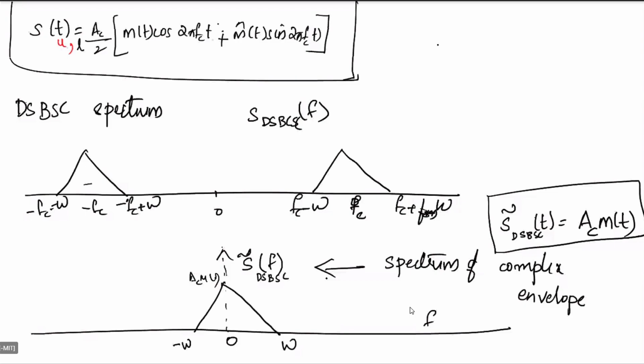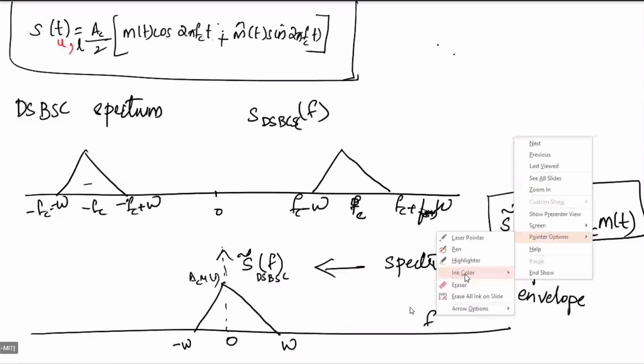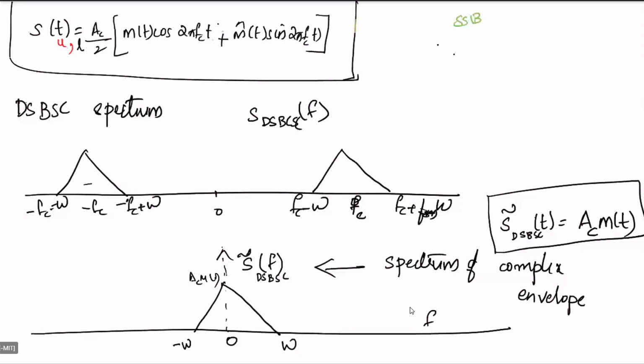So now my question is, can you relate it with the SSB, or make it the SSB spectrum? Our SSB spectrum looks like this, isn't it?